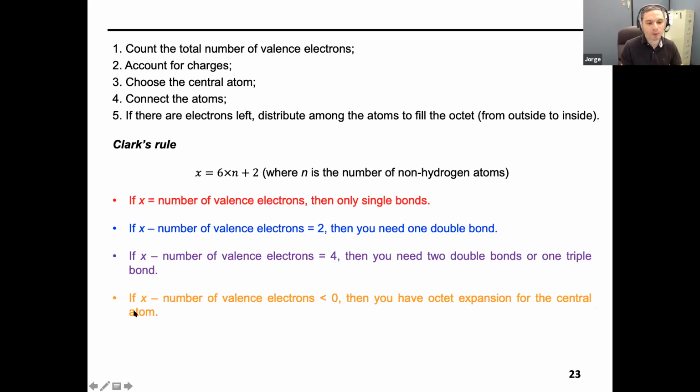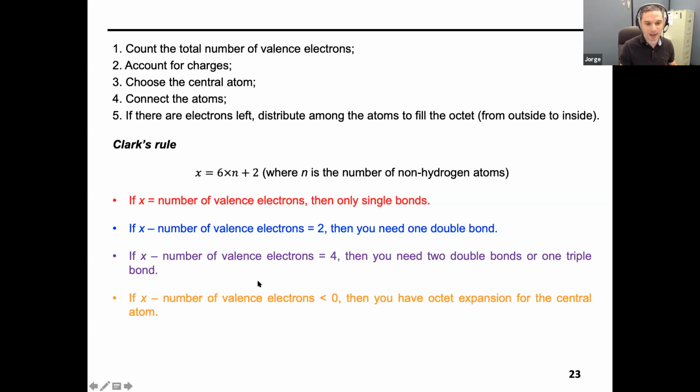So now we can compare X, which is 6 times the number of non-hydrogen atoms plus 2, and subtract from the number of valence electrons. If the result of this subtraction is a number lower than 0, a negative number, then that indicates that you have octet expansion for the central atom. So the Clark's rule can still help you decide if you have expansion of the octet or not.